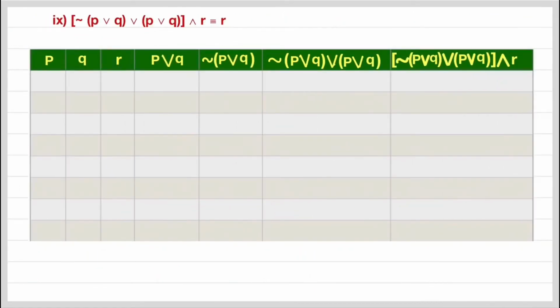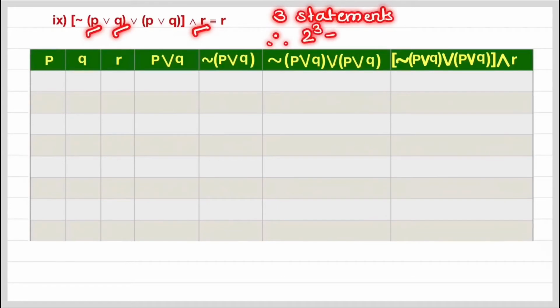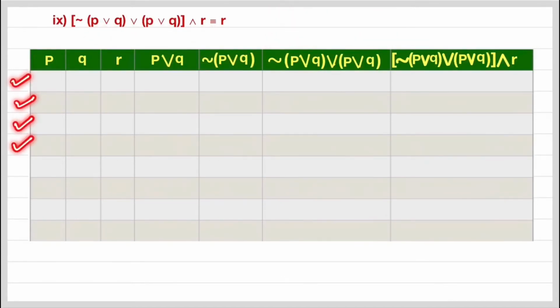Last example, negation of P or Q, or P or Q and R, is equivalent to R. How many statements? 3 statements. Therefore, the number of rows is equal to 8. These are the 8 rows.